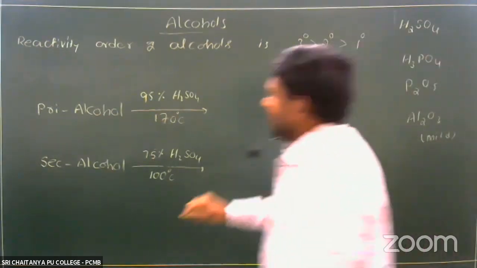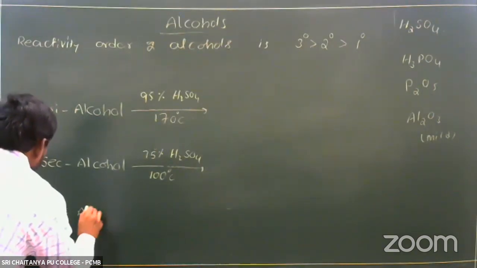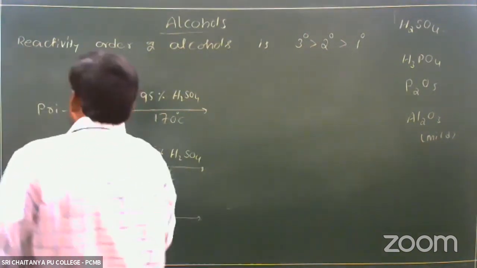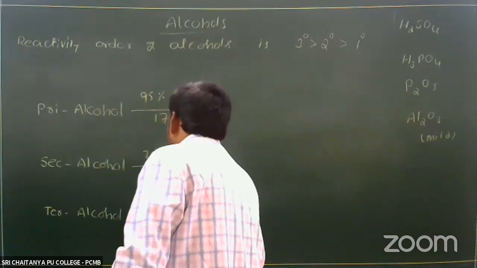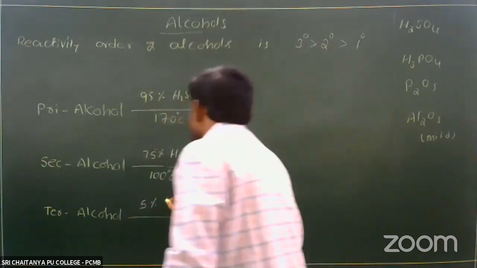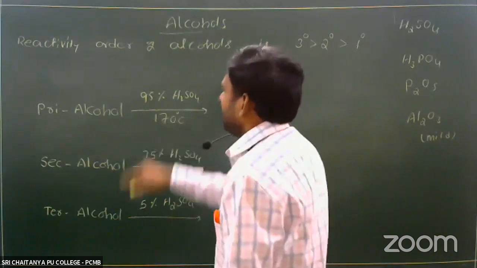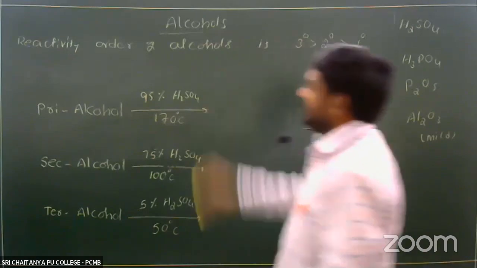A tertiary alcohol is even more reactive towards dehydration, so just 5% sulfuric acid is enough, and the temperature is 50 degrees centigrade. So it undergoes dehydration.